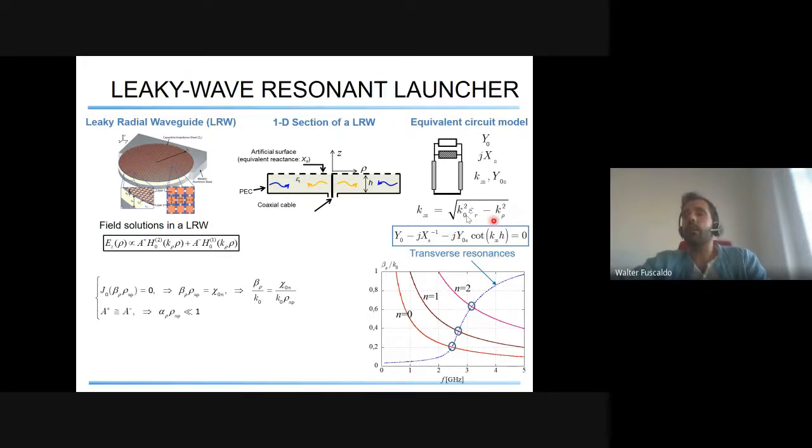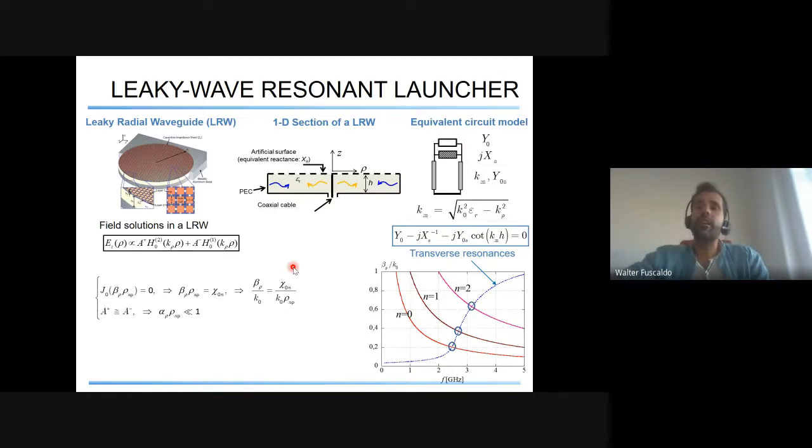Here you see that one of the leaky wave solutions of this dispersion equation is represented in the figure below as dotted blue lines, in a range that goes from a few gigahertz to 5 gigahertz.